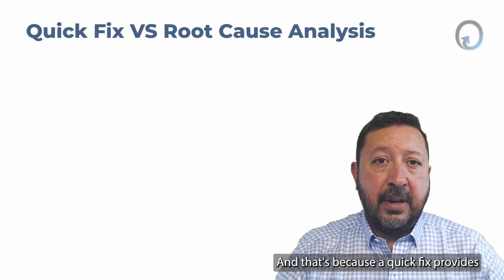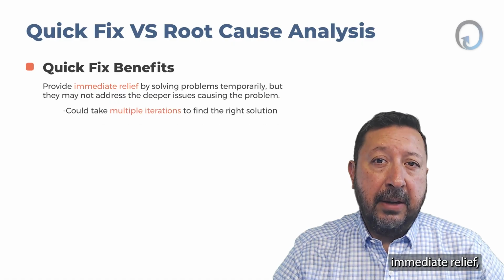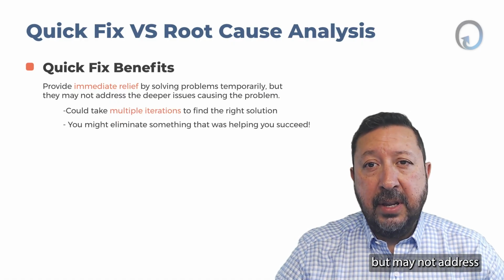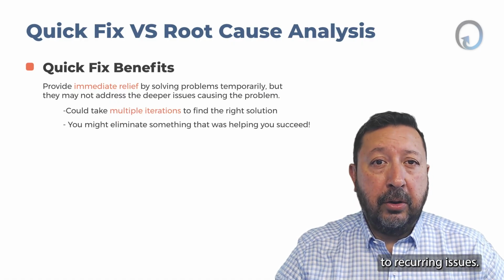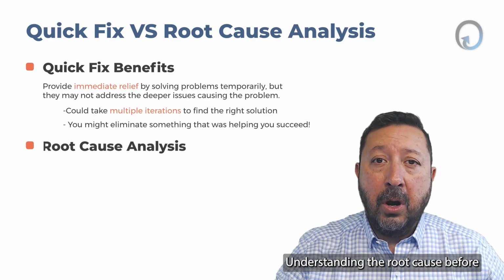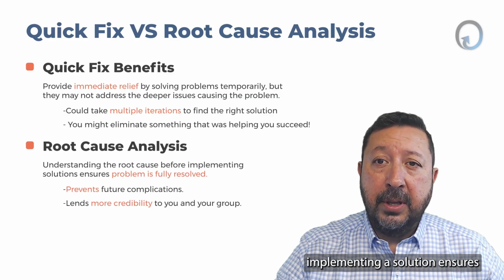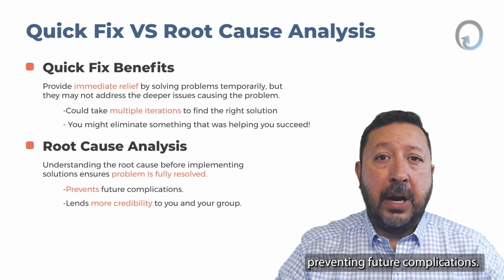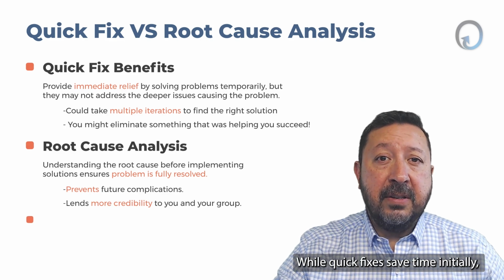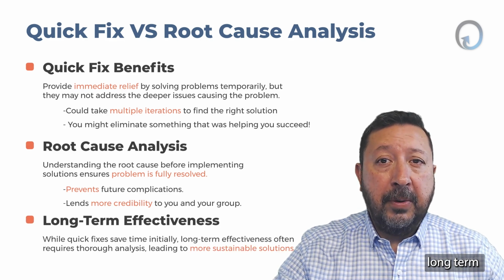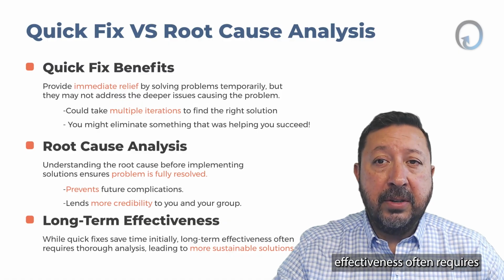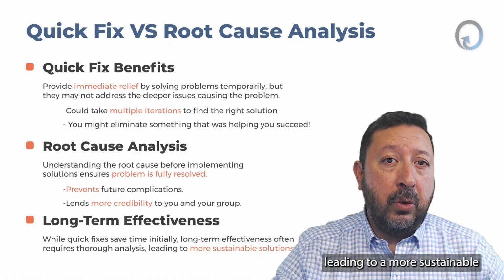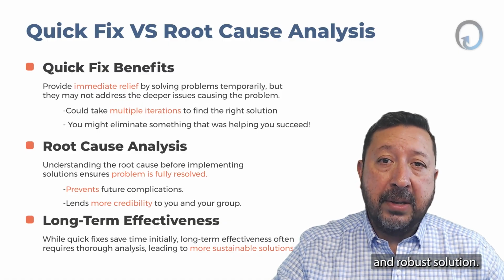And that's because a quick fix provides immediate relief, but may not address the underlying problem, leading to recurring issues. Understanding the root cause before implementing a solution ensures that the problem is fully resolved, preventing future complications. While quick fixes save time initially, long-term effectiveness often requires a thorough analysis, leading to a more sustainable and robust solution.